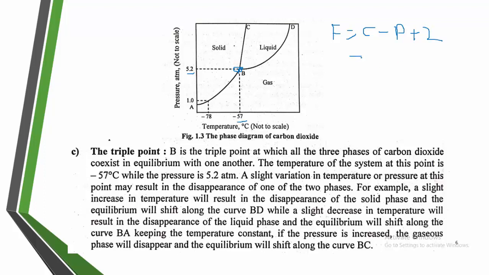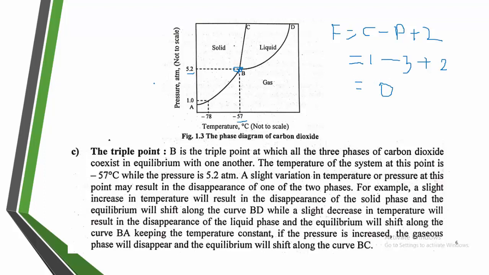What is C, the component? The component is only one, because it is a one component system. What is P here? The phases are 3, because at this point all the phases are present, meaning they coexist with each other. So F equals 1 minus 3 plus 2. What will you get? You will get the degree of freedom as 0.